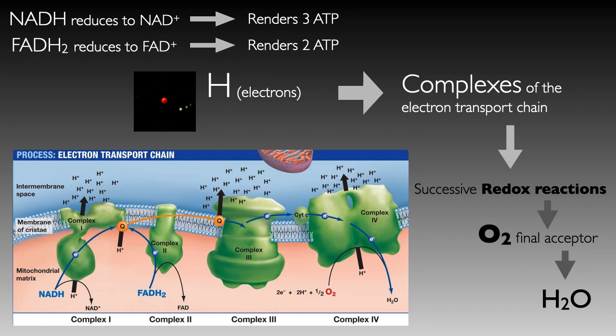Okay, before continuing, let's say that every molecule of NADH will render at the end 3 ATP molecules, and every molecule of FADH2 will produce 2 ATPs, and this is done by means of successive redox reactions by proteins of the electron transport chain that are located in the inner membrane of the mitochondria.